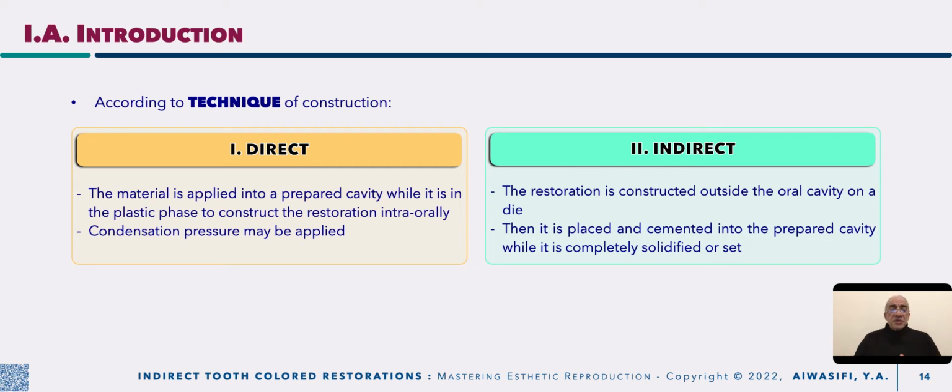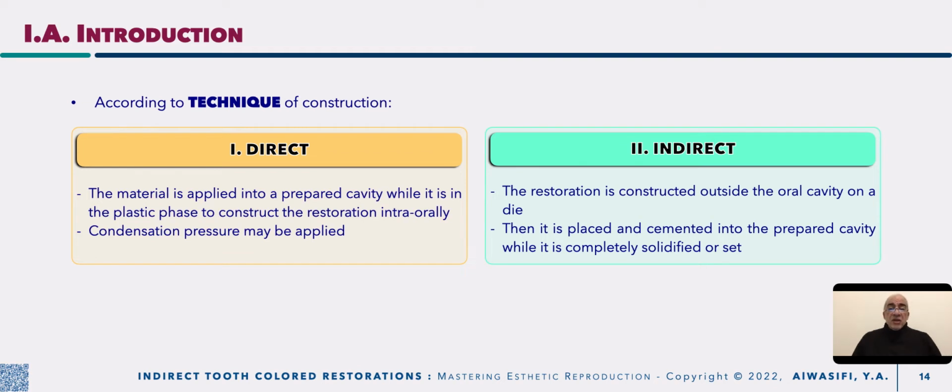In direct restoration, you are limited by the working time and setting time of the material itself inside the oral cavity, while in indirect, you are limited by the working time or setting time of the cement used to seat the material or to adhere the material to cavity walls and margins.